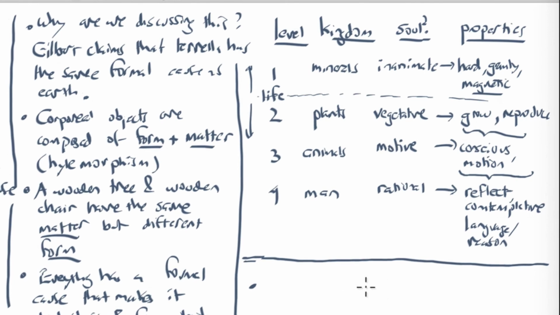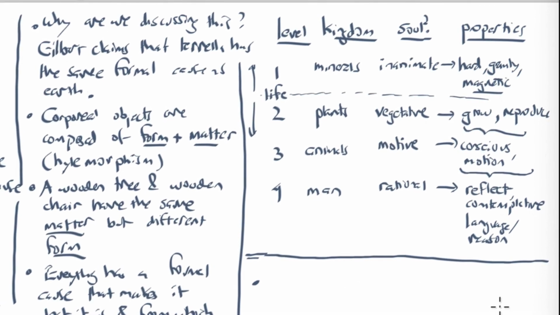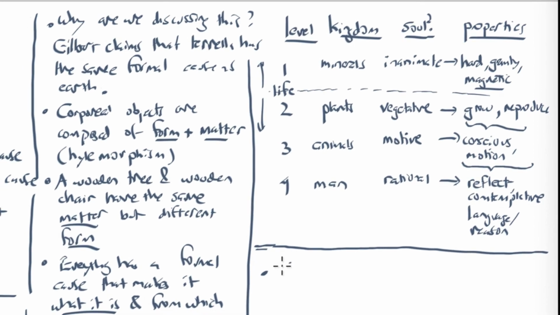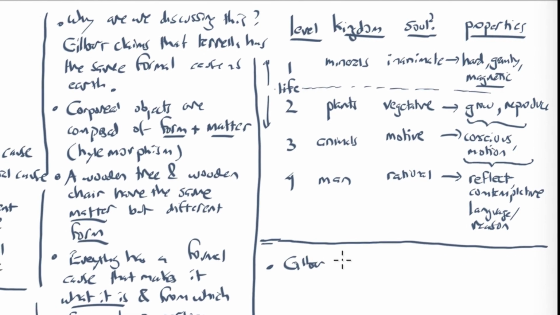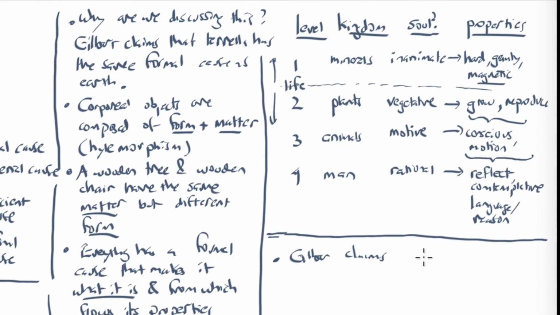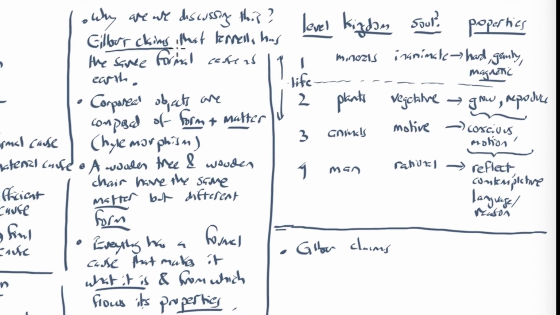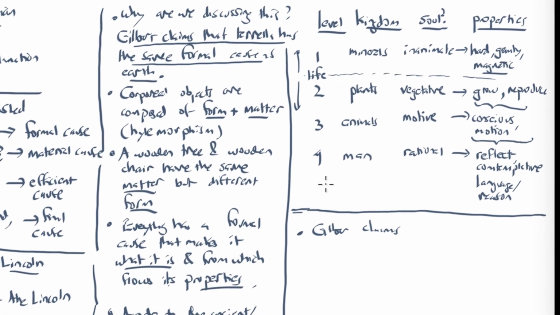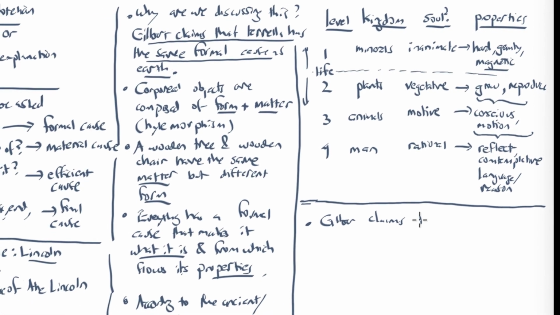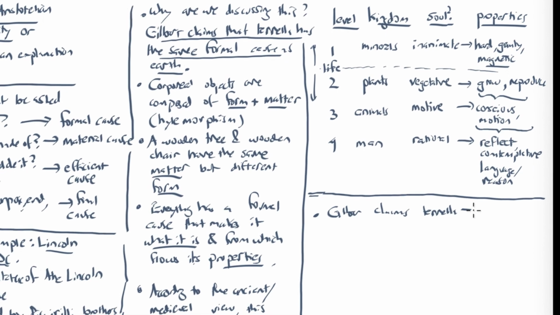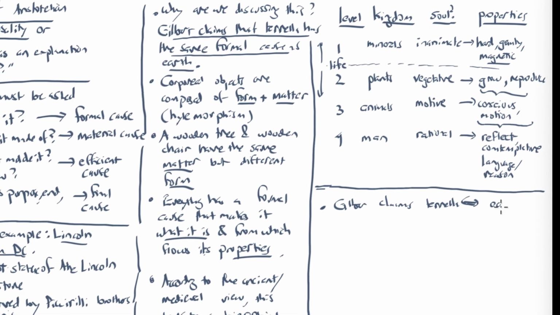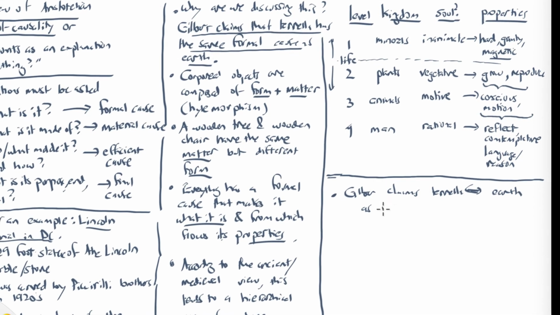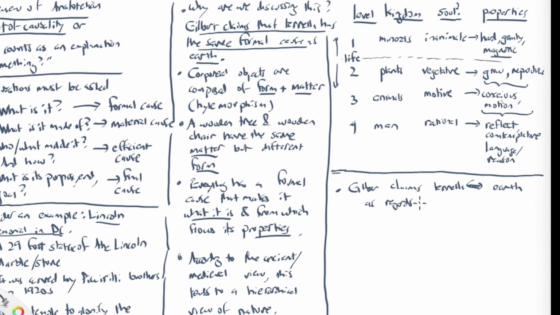Because Gilbert, in his book on the magnet, claims that the terrestrial has the same formal cause as the Earth. So the terrestrial is akin to the Earth as regards to its formal cause.